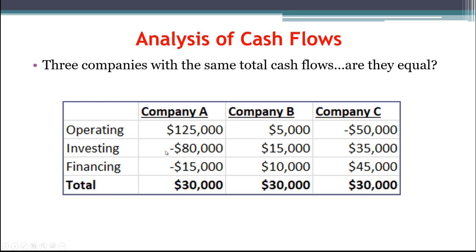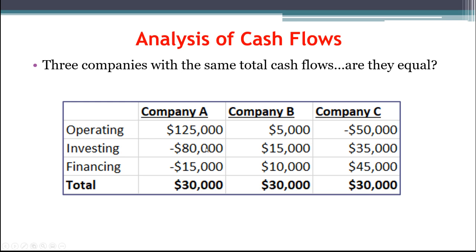A company that invests in themselves and grows may be able to generate even higher operating cash flows in the future because they have more operations going. So a negative now may lead to bigger positives in the operating cash flow down the road. So negative is not a bad thing for investing.